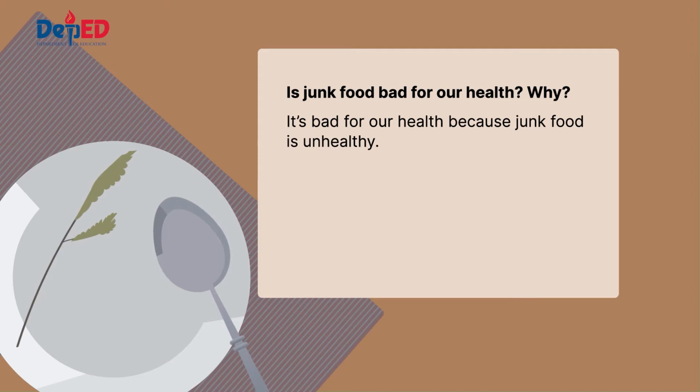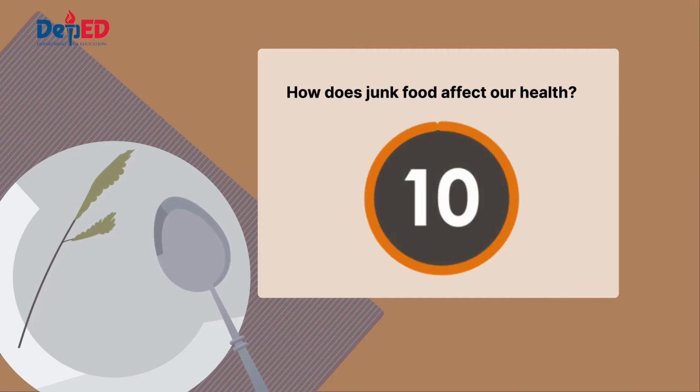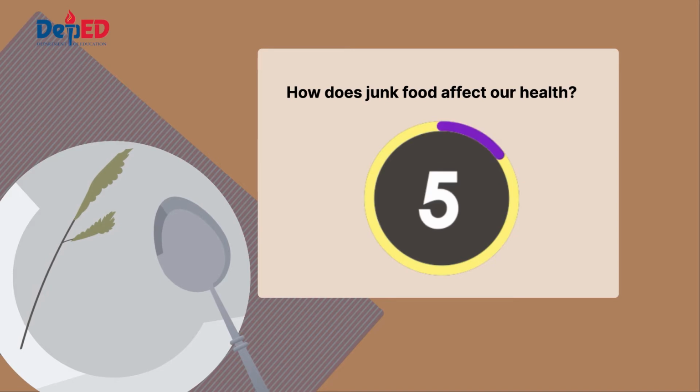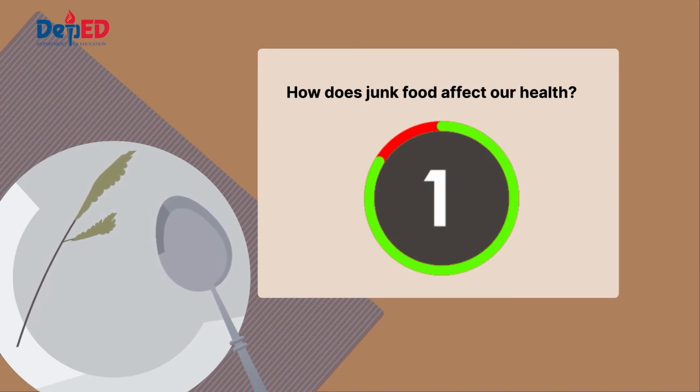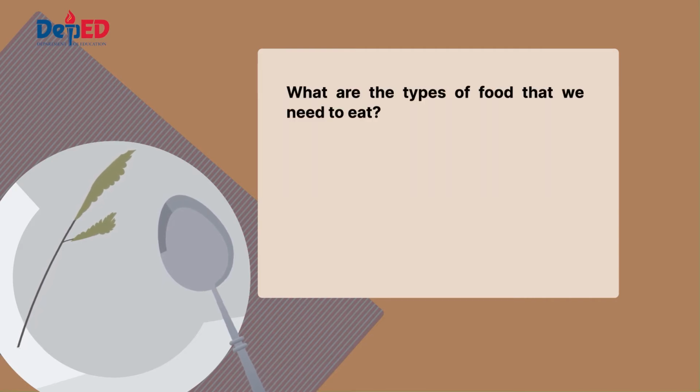Because junk food is unhealthy. How does junk food affect our health? If you say that junk food can ruin our body, you're right again. What are the types of food that we need to eat?